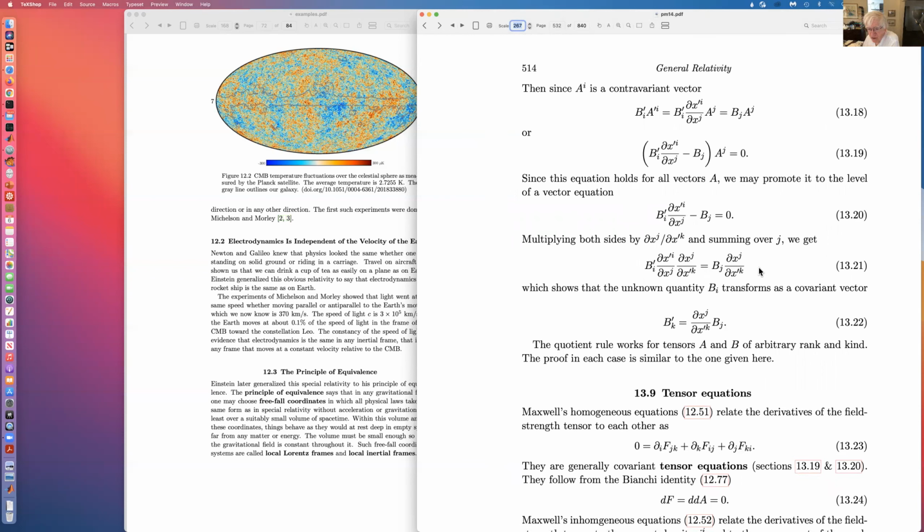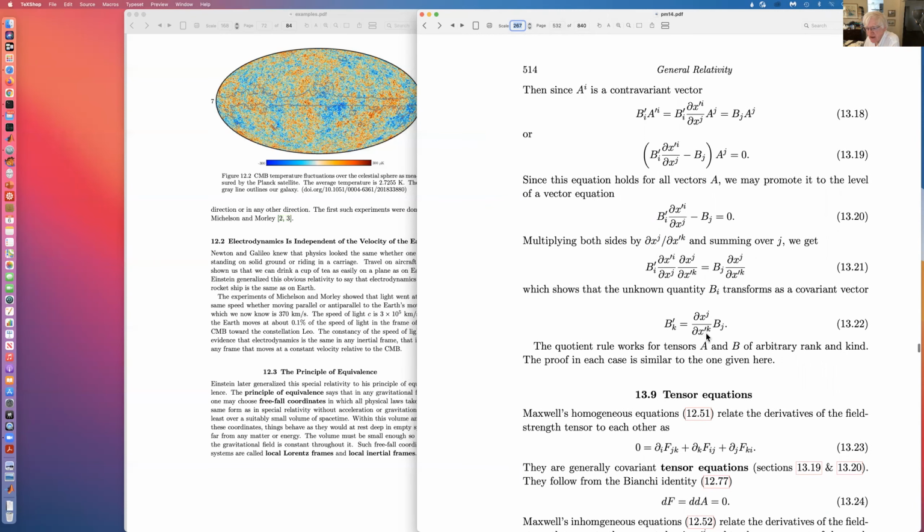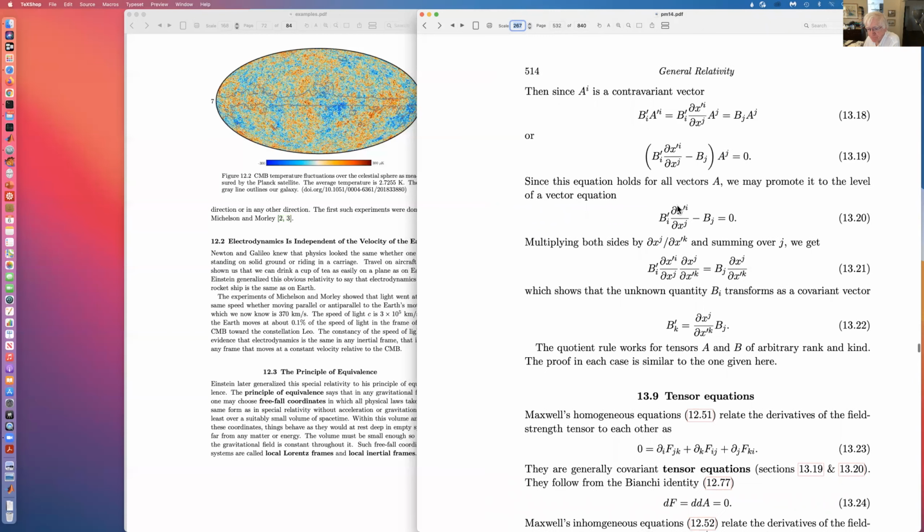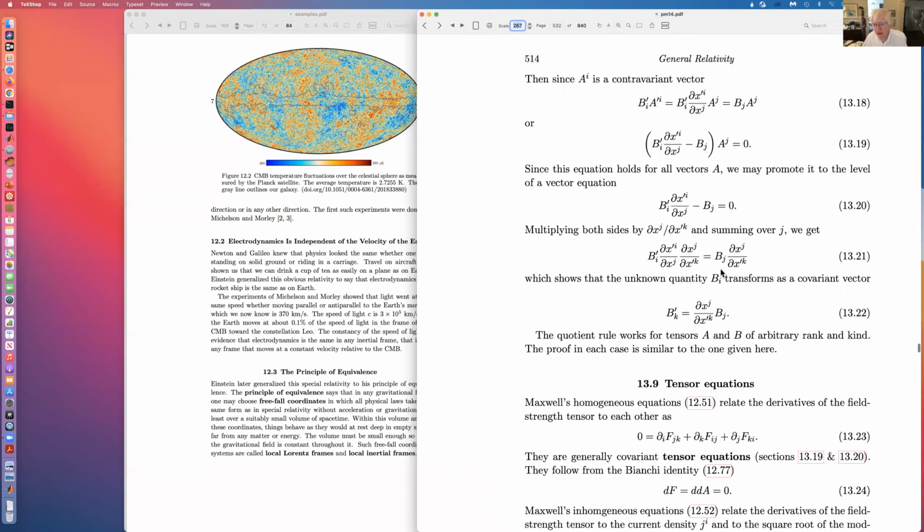I need to interchange J and K, I think. In any event, oh no, this is actually okay. So in other words, this unknown quantity B_I transforms as a covariant vector. What we want to do is multiply this whole equation by this partial derivative, and we get this.